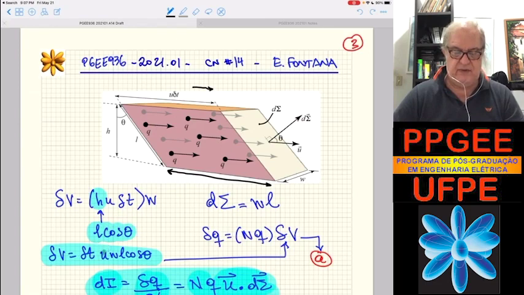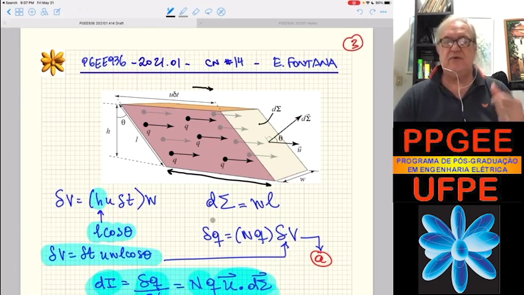So if we plug this in, we're going to have delta t u W L cosine theta. The area by itself is W times L, a rectangle, right? W times L, which is this length here.